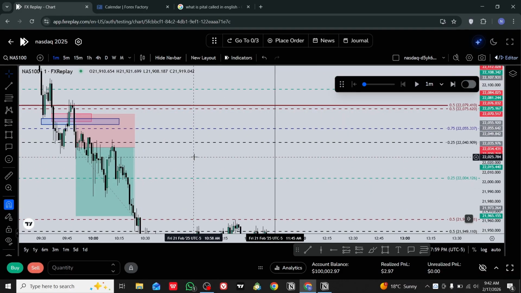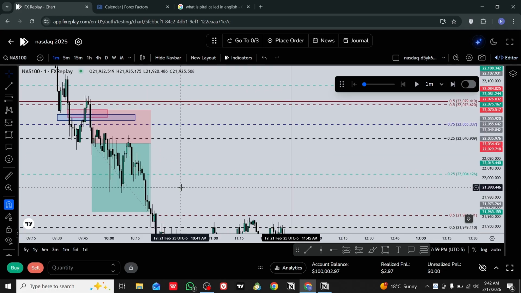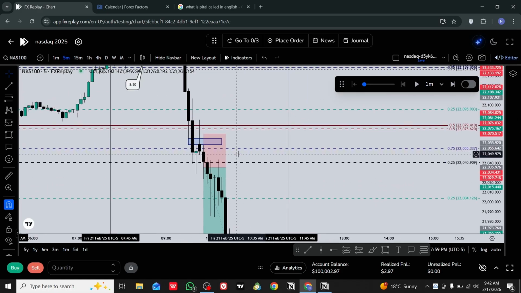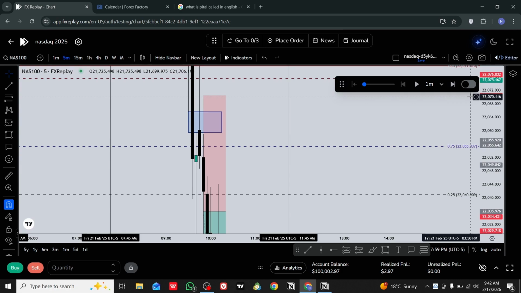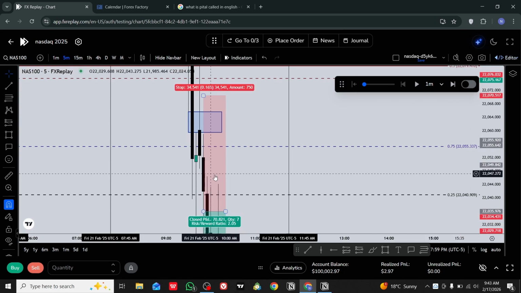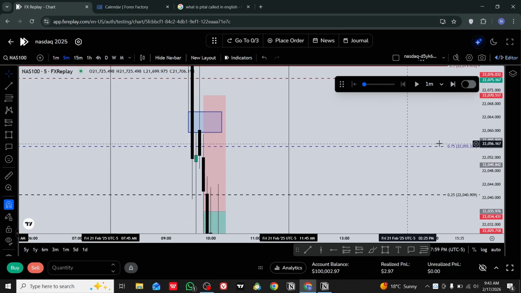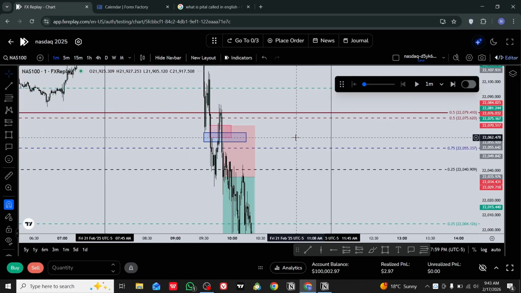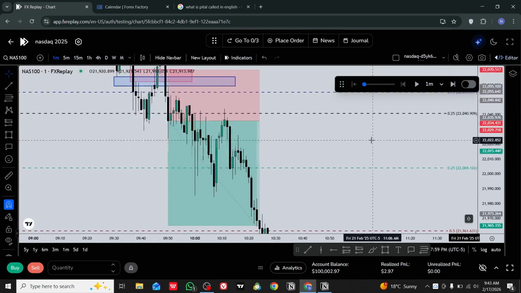I'm making some mistake here by setting the stop loss to break even. To be honest, the logical stop loss should have been at least above this FVG. It should be more.